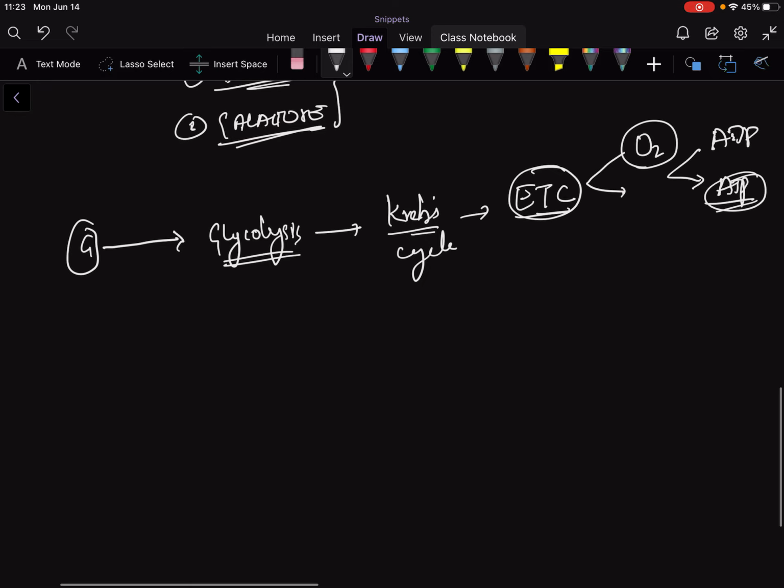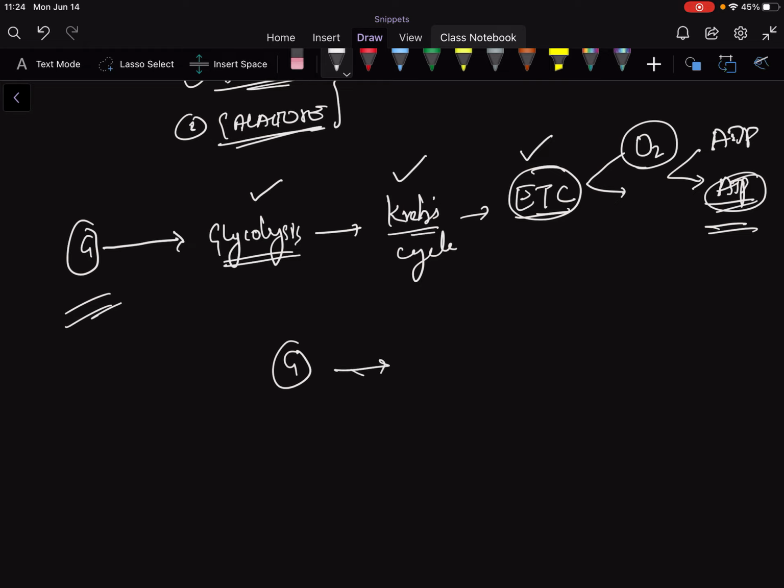So what is happening? The glucose is giving ATP by these three pathways, which are glycolysis, Krebs cycle, and electron transport chain, and finally we are getting energy from the electron transport chain. So what is the function here of the glucose?